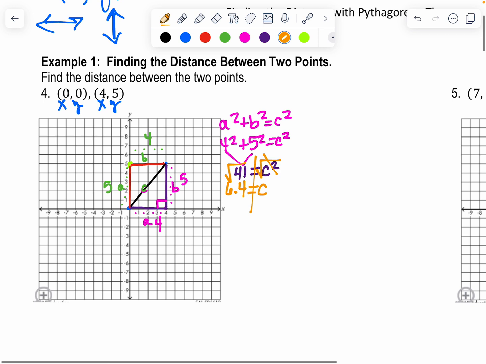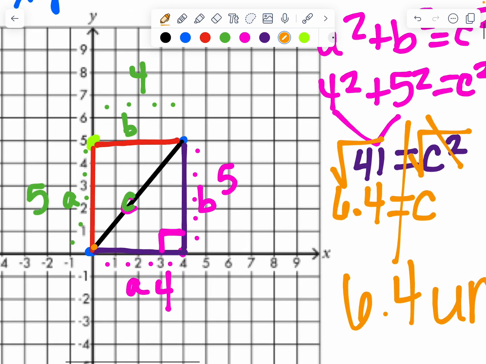And our label is 6.4 units because there is no inches or meters or centimeters, so we use units. So that's it. We found the distance. The distance between these 2 points is 6.4.